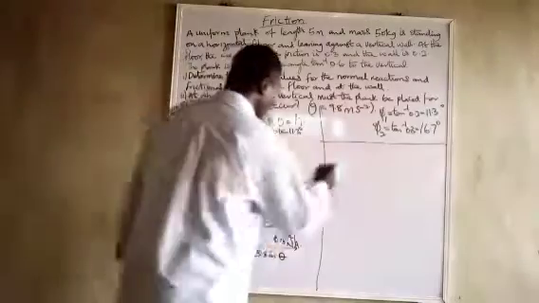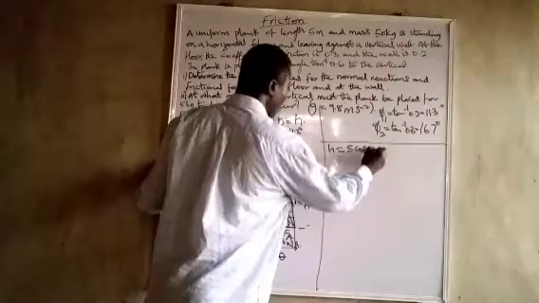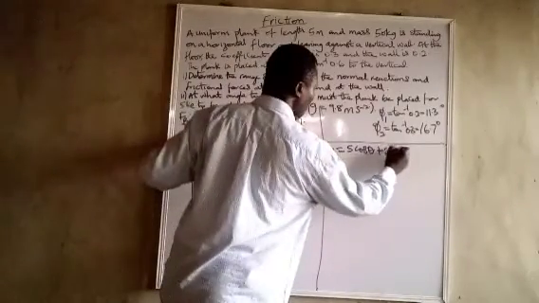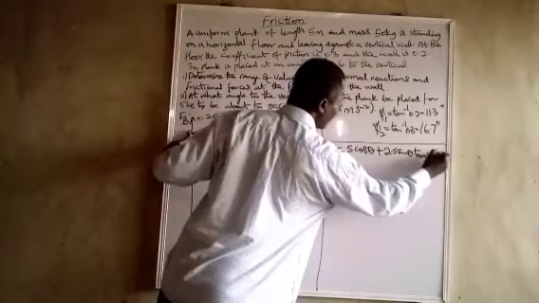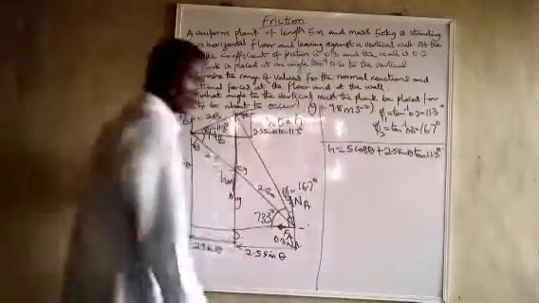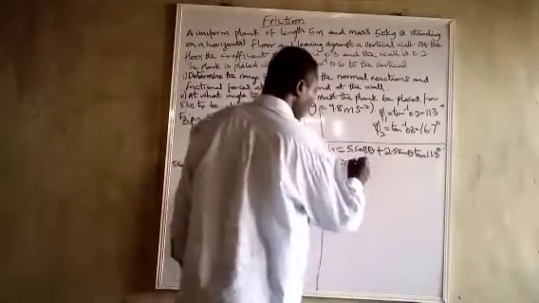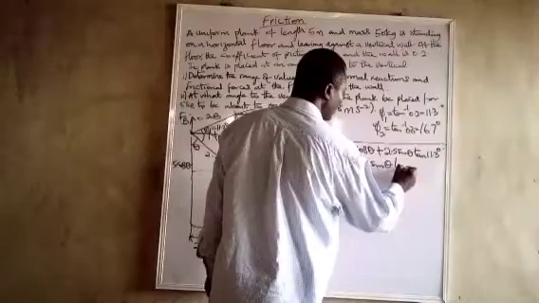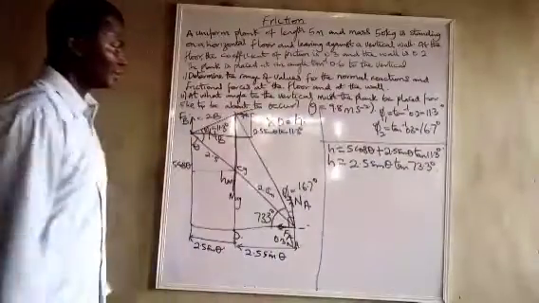So let's start working it. H is equal to 5 cos theta from here to here, plus this place, 2.5 sin theta tan 11.3 degrees. Then our H here is also equal to 2.5 sin theta tan 73.3 degrees.